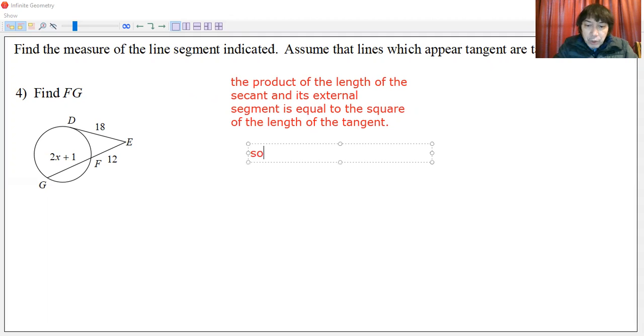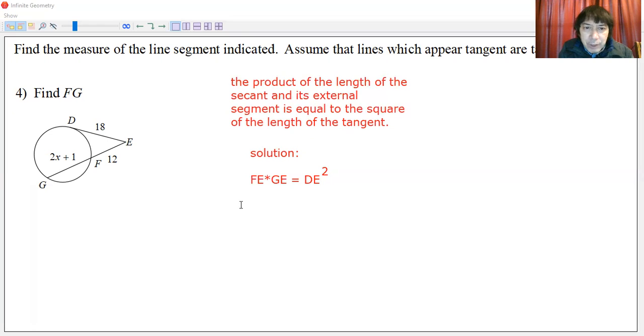So here's our solution: FE times GE, the external is FE, the entire length is GE. The secant is equal to DE squared. DE squared, so we put the number 2 on top. That means squared, DE times DE.